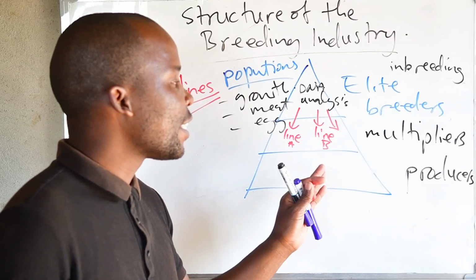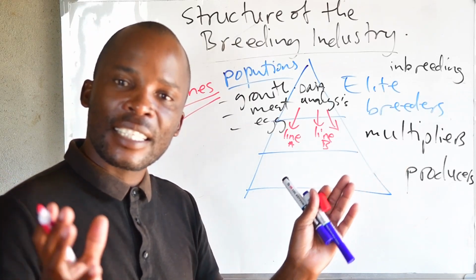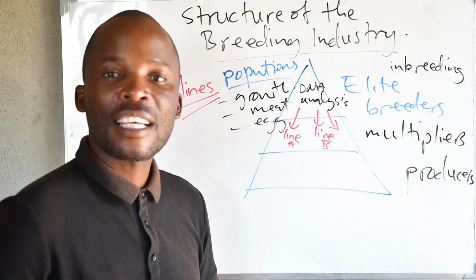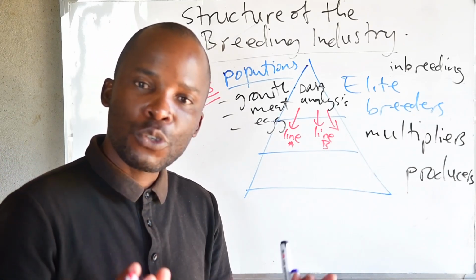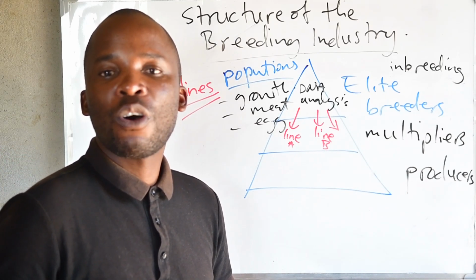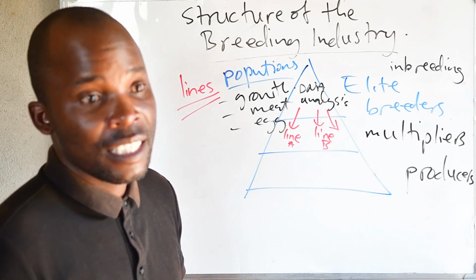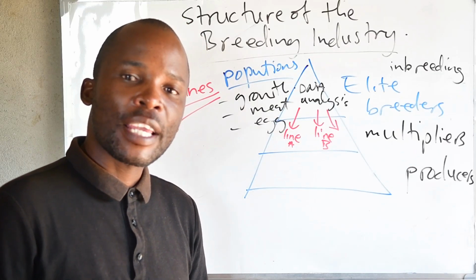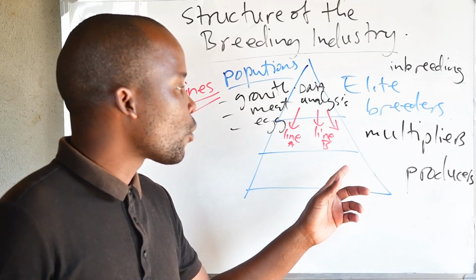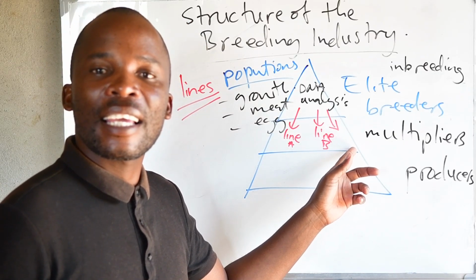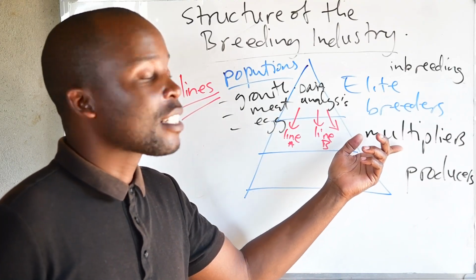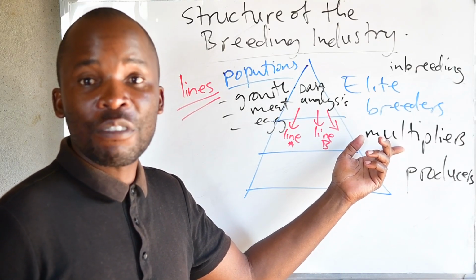So what they are doing here is bringing together these characteristics that have been developed by the elite breeders. That's what we call complementarity, where characteristics are brought together and we see the product that is now given to us by the multiplier.